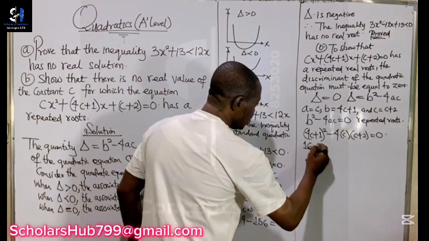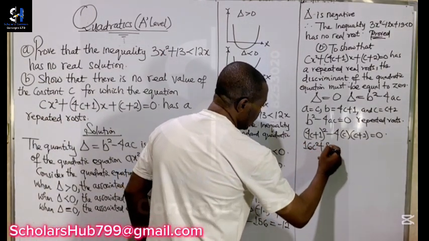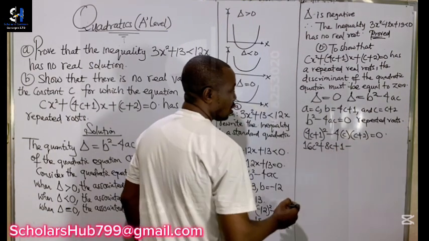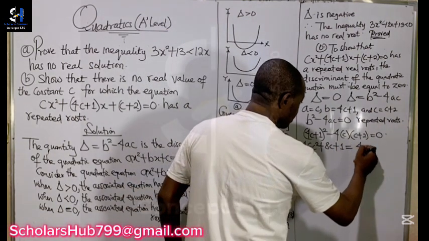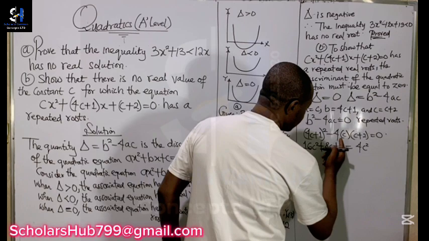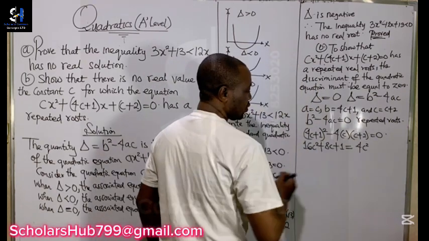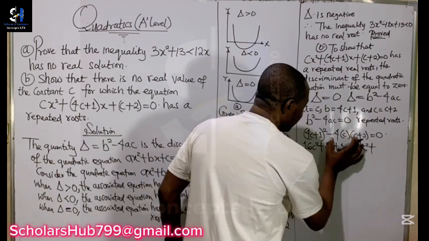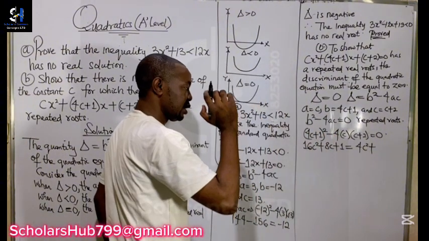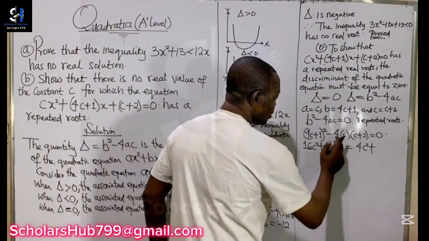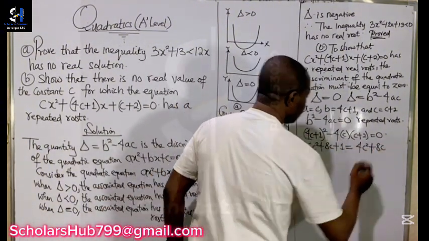That will be 16c squared plus 8c plus 1. If we move this to the other side, we're going to have 4c squared, that is 4c times c, then plus 8c, after we move it to the right hand side.